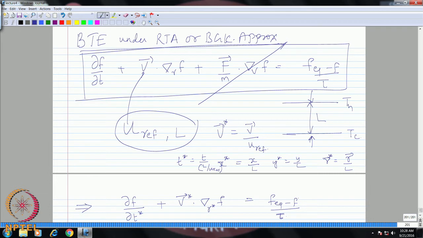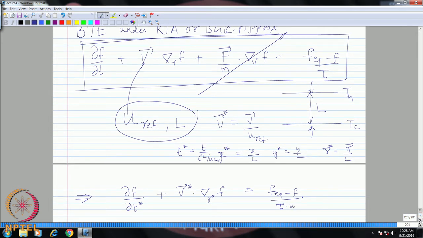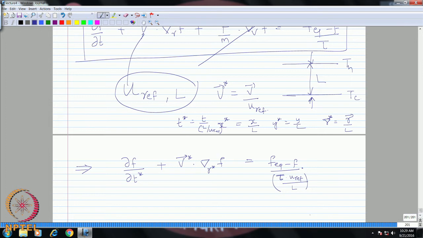We have a u ref by L, so this should be L by u reference, upon L. So, therefore, now we can define tau into u reference.